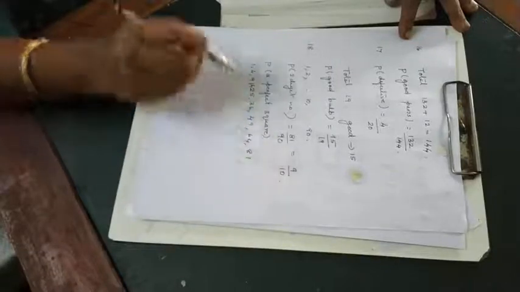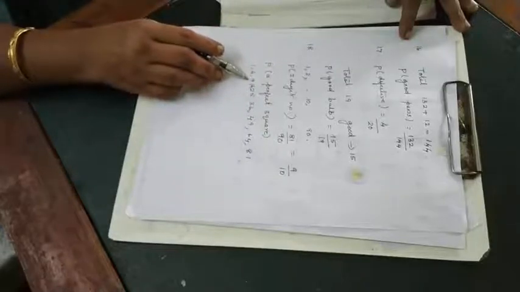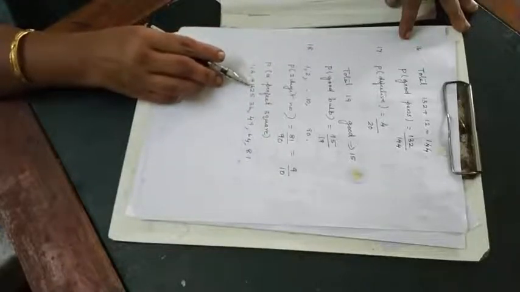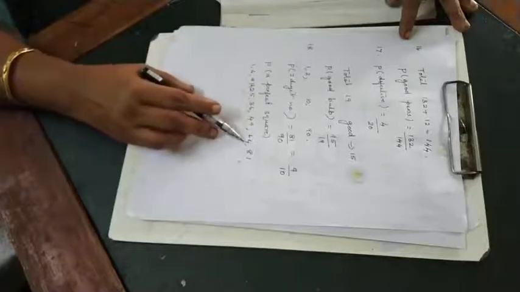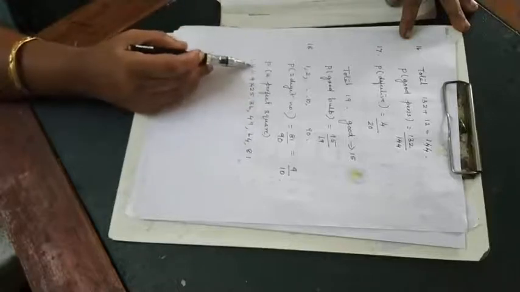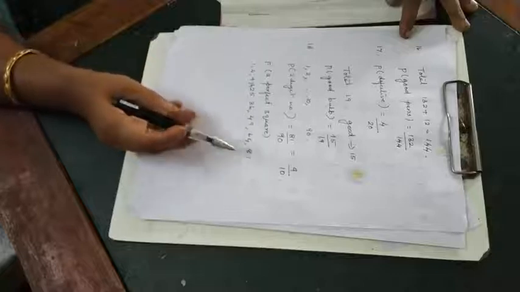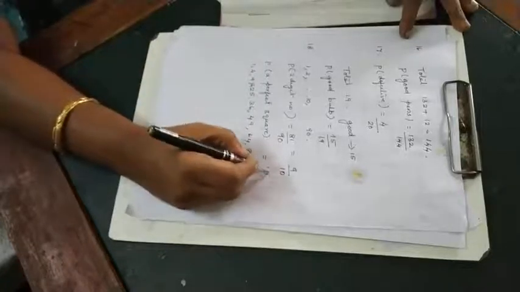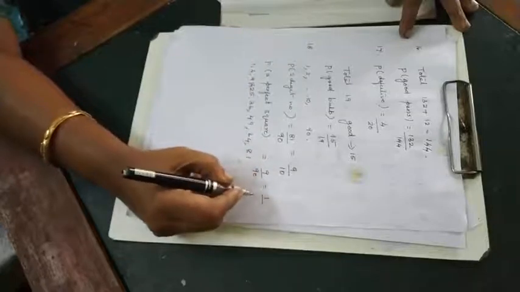So 1 square is 1, 2 square is 4, 3 square 9, then 4 square 16, 5 square 25, 6 square, 7 square, 8 square and 9 square. So how many perfect squares are there? 1, 2, 3, 4, 5, 6, 7, 8 and 9. So 9 by 90. Again it is 1 by 10.